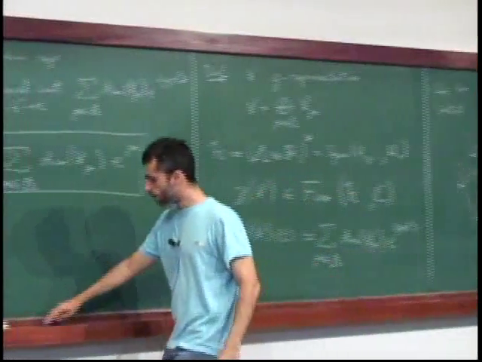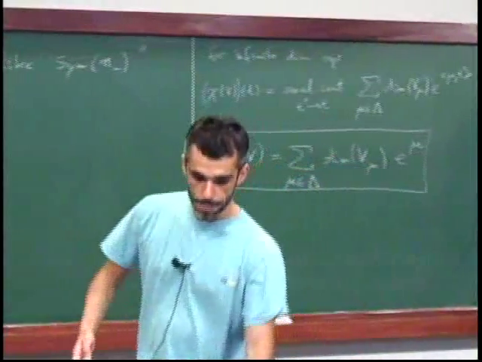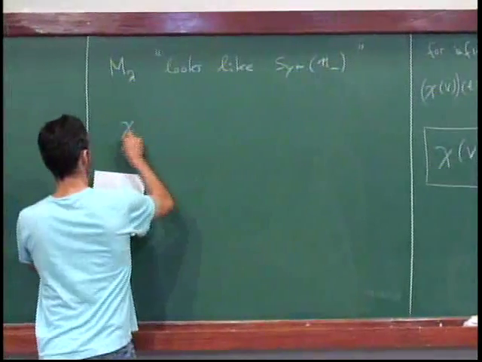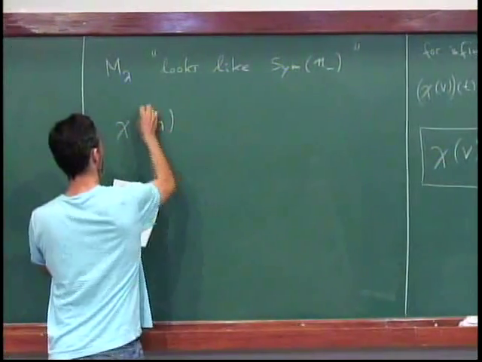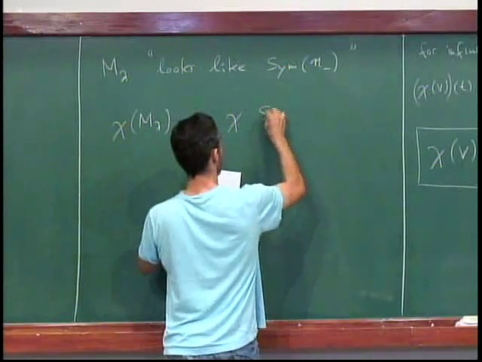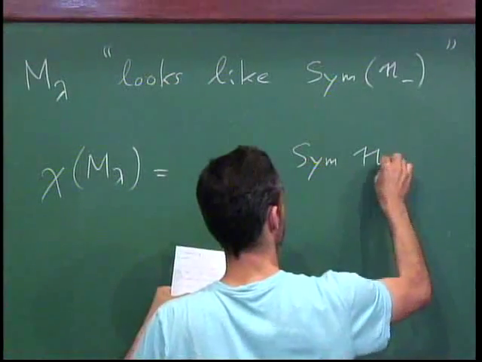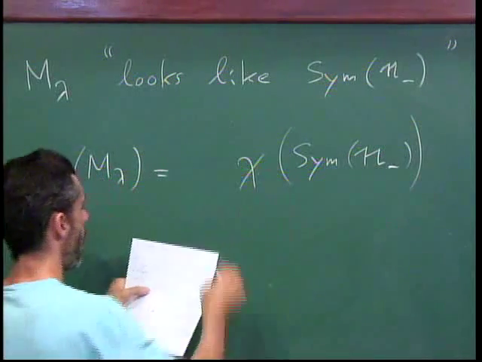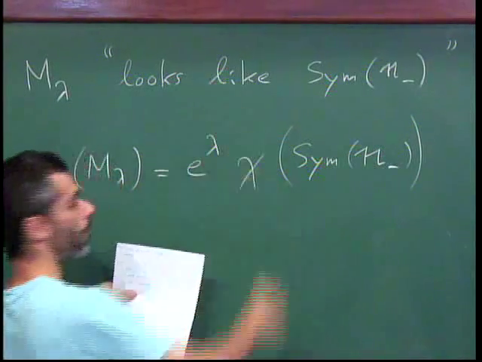So at the level of character, what this ends up meaning is that the character of M lambda is the character of the symmetric algebra on the negative nilpotent, up to this shift of lambda.